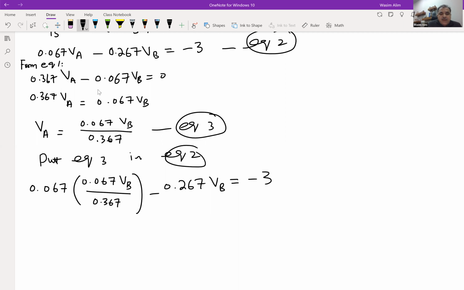So you have to do the multiplication of 0.067 times 0.067, and then divide that by 0.367, and that should give us some value.